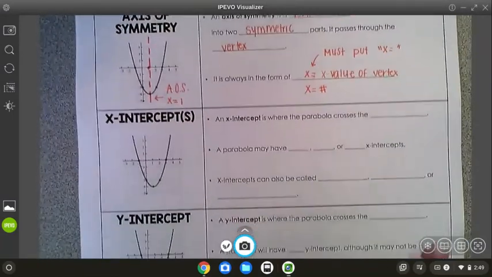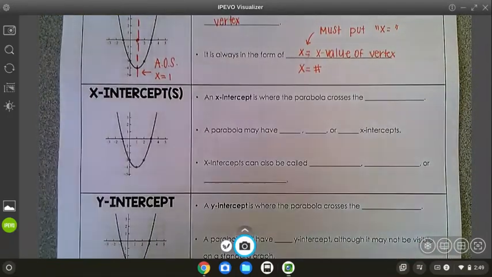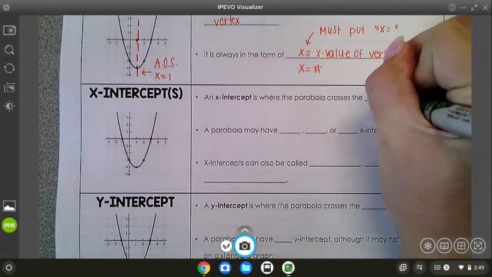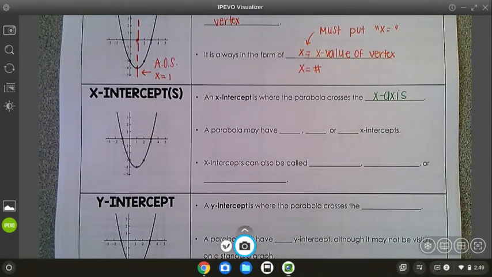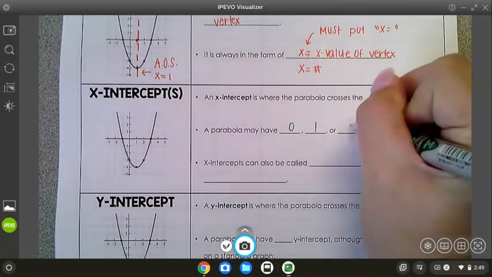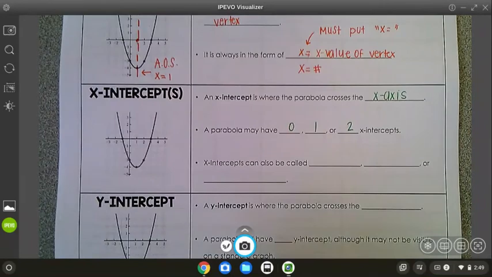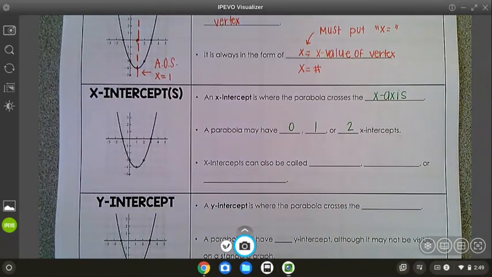Let's look at x-intercepts. So an x-intercept is where the parabola crosses the x-axis. A parabola may have 0, 1, or 2 x-intercepts, and later on we will look at examples of each of those. Sometimes x-intercepts are called different things, kind of like nicknames, but they all mean the same thing.